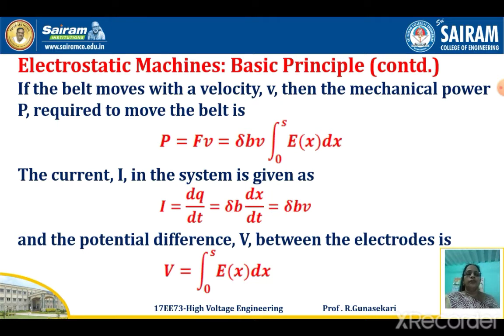Students, remember carefully, small v is the velocity of the belt and capital V is the RMS value of the potential difference between the two electrodes. Then capital V equal to integral 0 to S E of x dx.